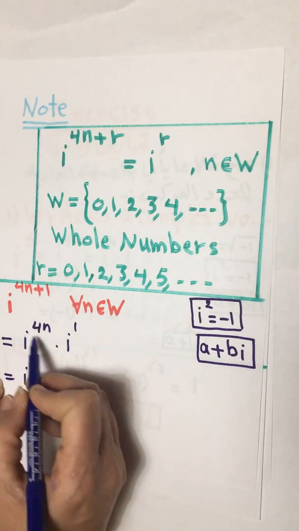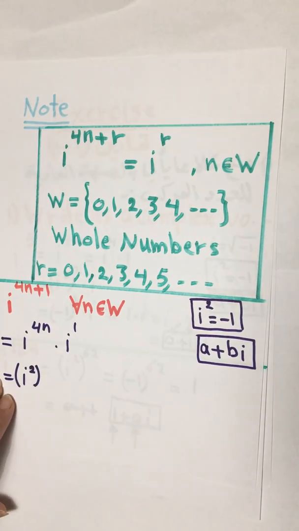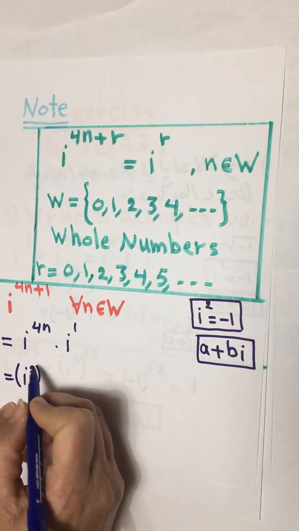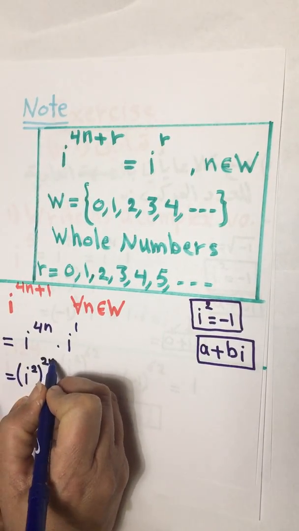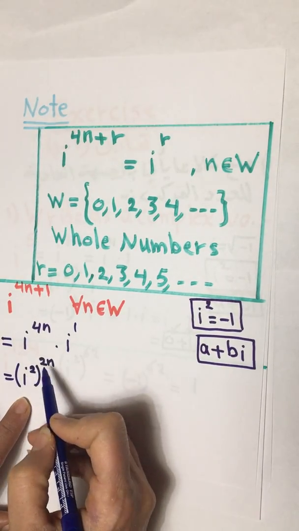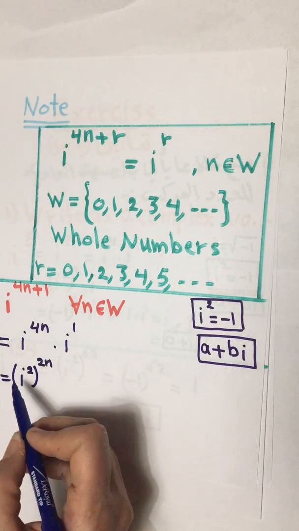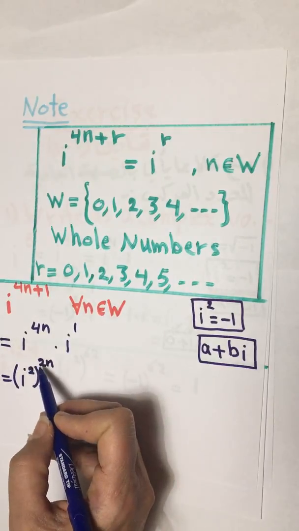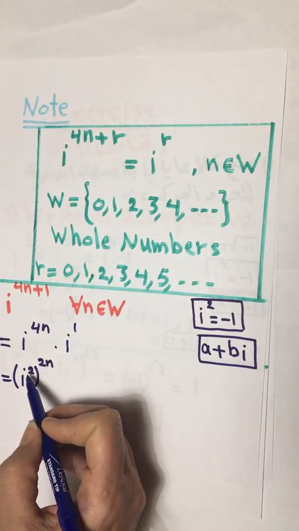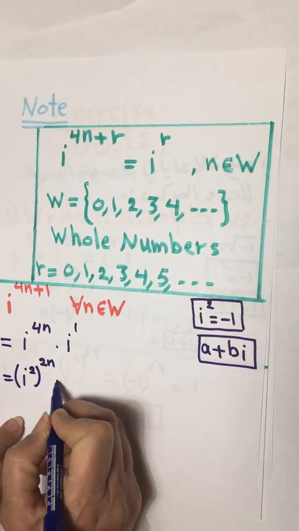I always write I squared in parentheses, then raise it to the power 2n. When I multiply 2 times 2n, I get 4n, times I.